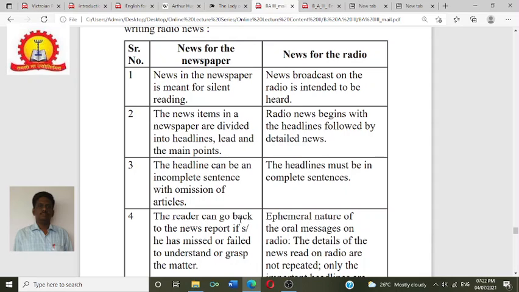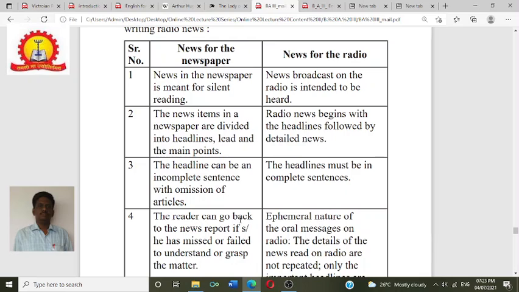Then after the headline we have a lead, that is the introduction to the context and the main points. However, radio news begins with the headlines followed by detailed news. This is what you can see about news for the radio.